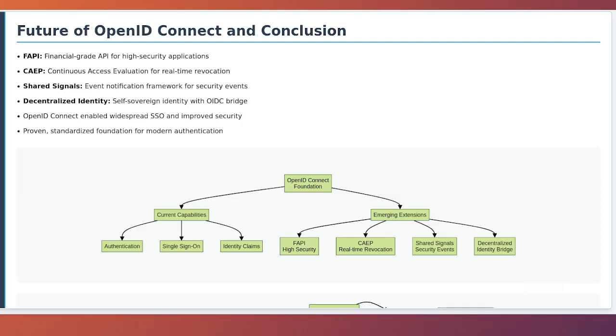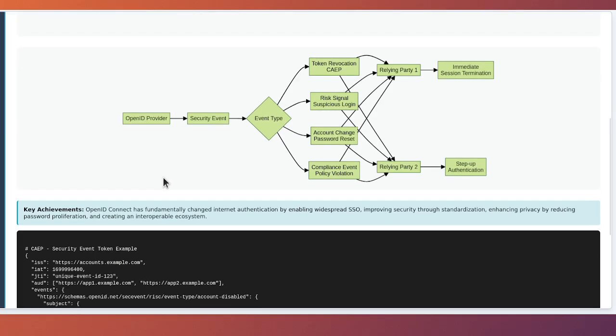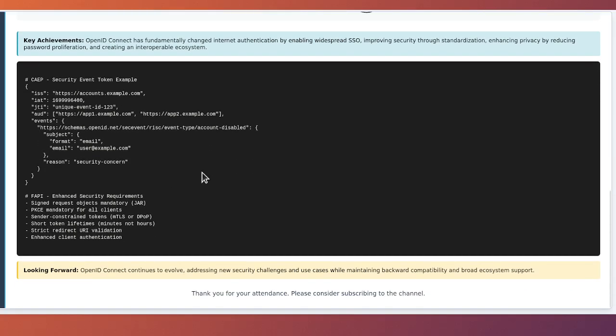Financial Grade API, abbreviated FAPI, represents a set of security profiles for OpenID Connect designed for high-security applications like banking and financial services. FAPI mandates strong security controls including requiring signed request objects, mandating PKCE, requiring sender-constrained tokens through mechanisms like mutual TLS or DPoP, and enforcing stricter validation requirements.